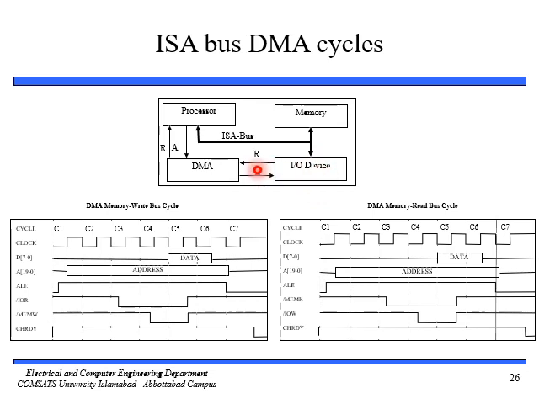So this is request and this A is acknowledgement. So IO is requesting the DMA, DMA is acknowledging, and then DMA is requesting the processor and the processor is acknowledging. So we are getting control of this bus through DMA. So these are the DMA memory write cycle, and this is the DMA memory read bus cycle.